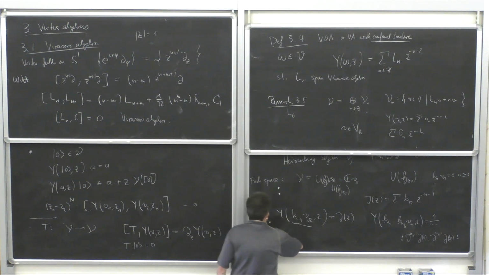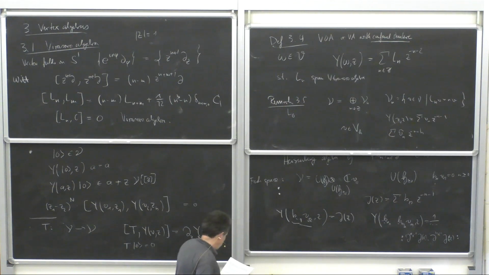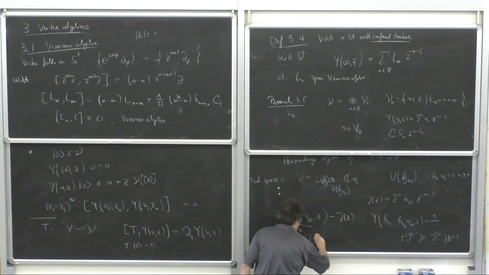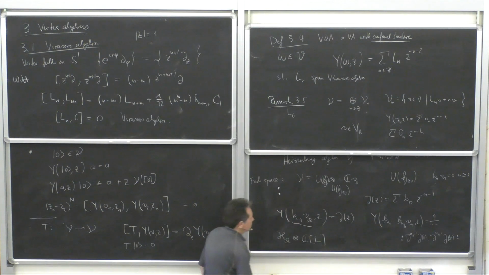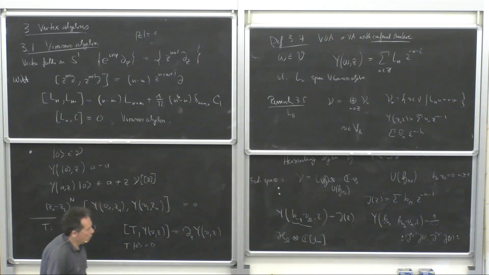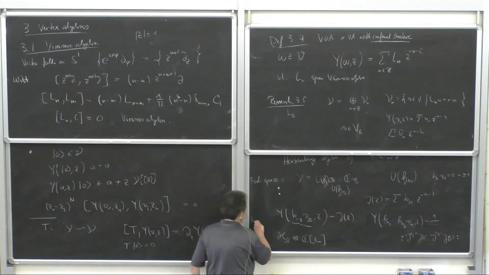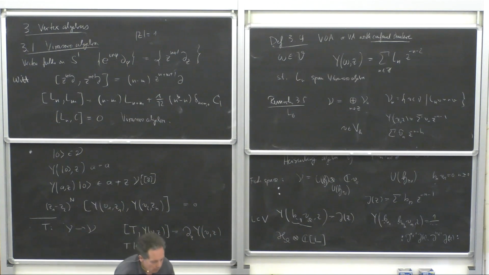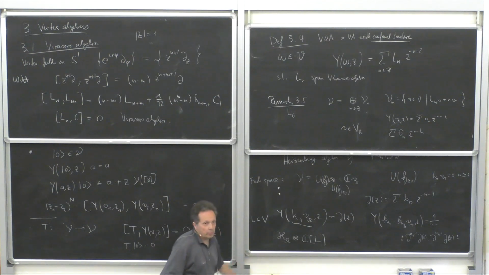And if you're in this situation, you can again construct such a Fock space, and it is very instructive to tensor it with the group algebra of a lattice. So this is a discrete full rank subgroup of V, and in this case, the representation category of this vertex algebra will be fully under control in terms of this lattice data. This is, of course, an important class of examples.